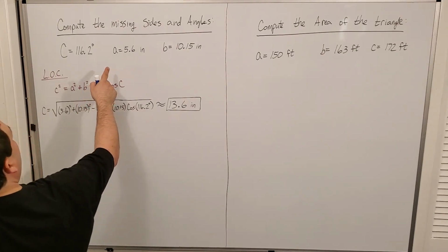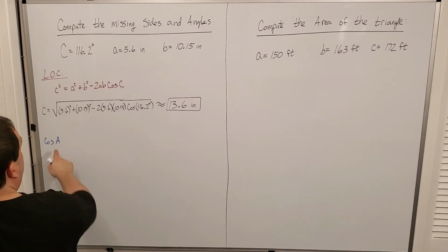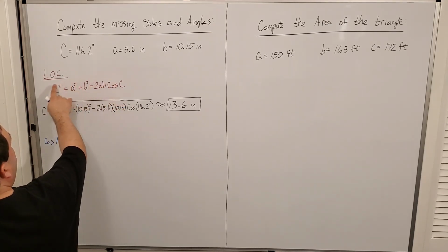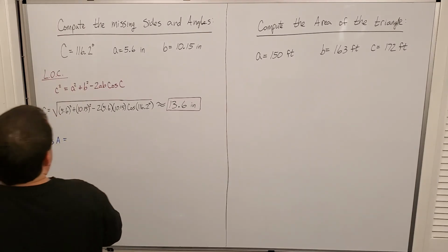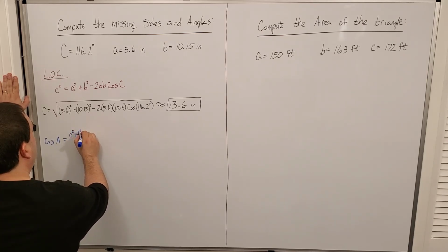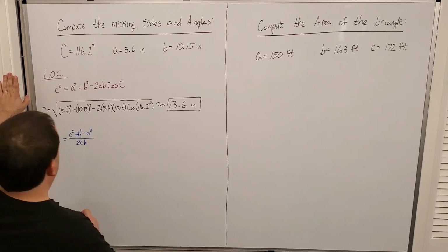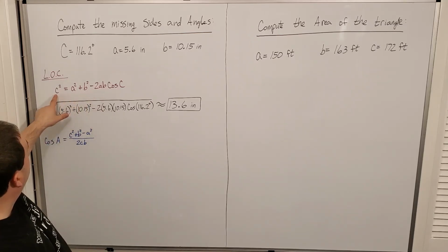I could solve for A by using the law of cosines, so that would be cosine of capital A. But then of course I would have to do all of the solving pieces here. So that would be equal to c squared plus b squared minus a squared divided by 2cb. And you'll notice what I did was I got rid of the negative when I divided it.